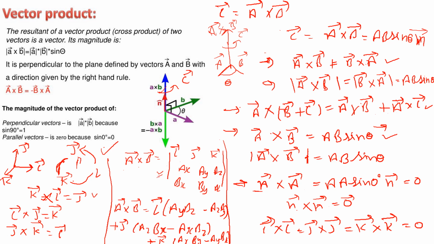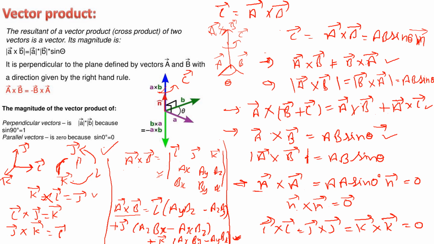So the meaning is A vector cross B vector equals i vector (ay bz minus az by) plus j vector (az bx minus ax bz) plus k vector (ax by minus ay bx). This is the formula.